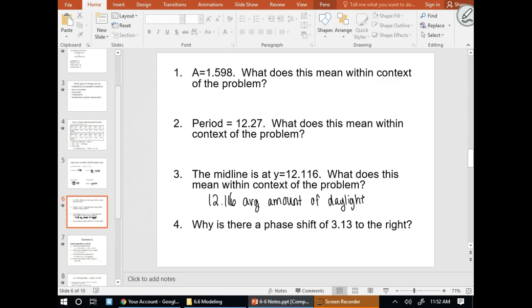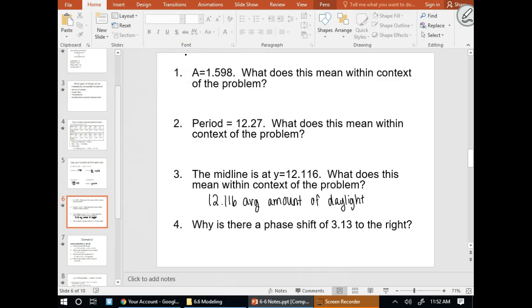So if we look at all of the months together, the average amount of daylight is 12.116 or close to it there. Okay, so then let's go back up to number 1.